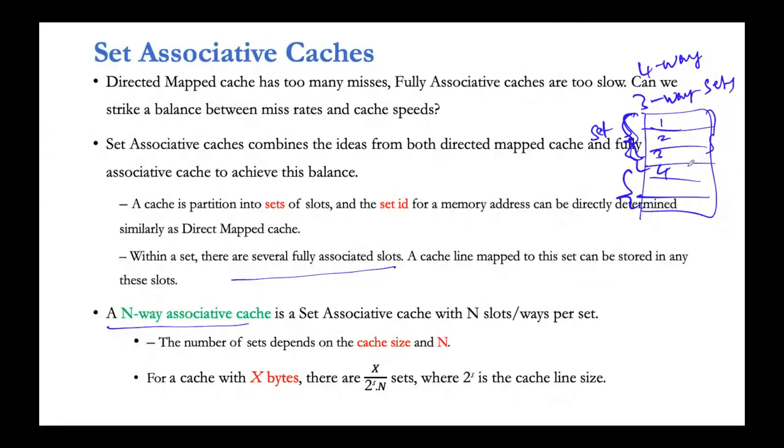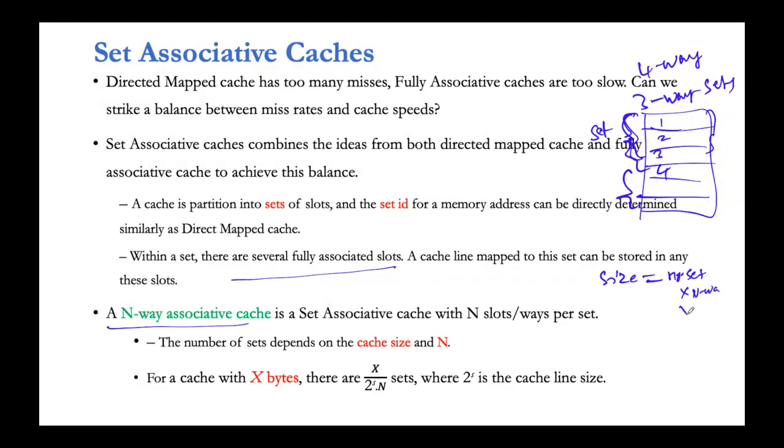Then how to find the size of your cache? The size of your cache can be calculated as the number of sets multiplied by how many frames there are in a set. That is the number of frames, which we can call the number of ways, your n-way.